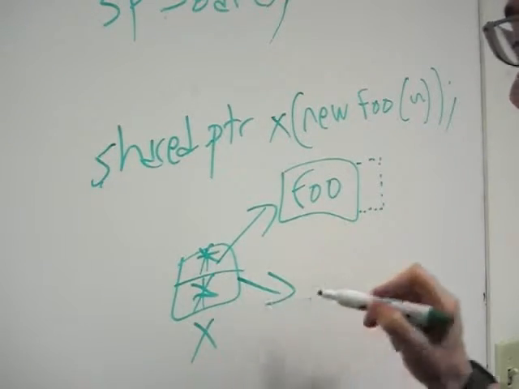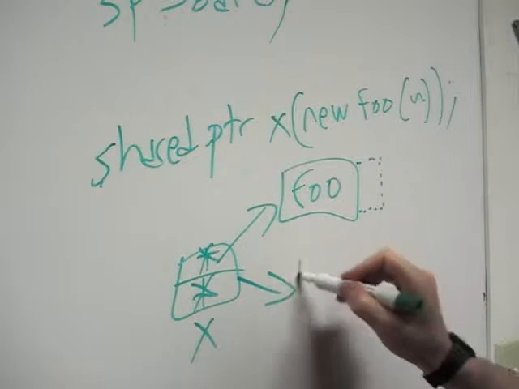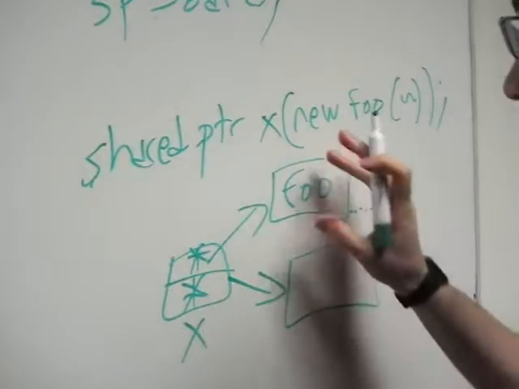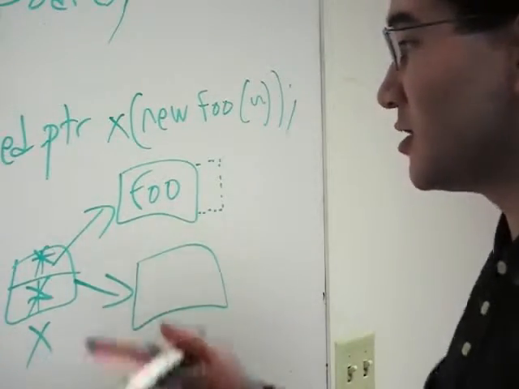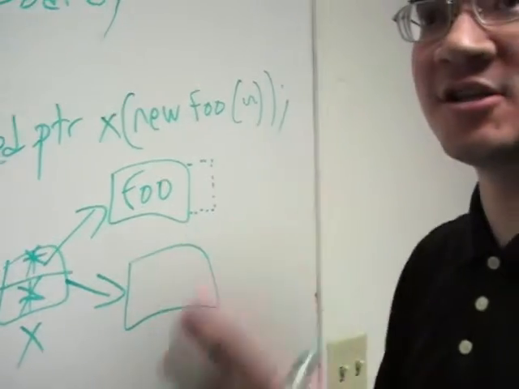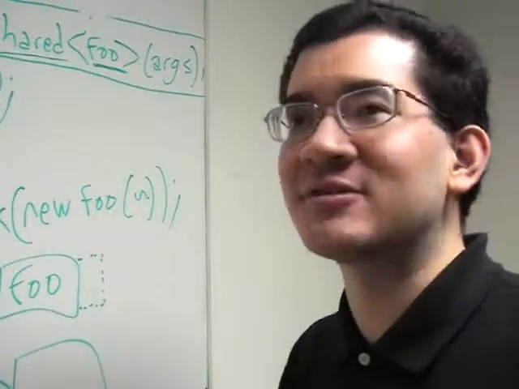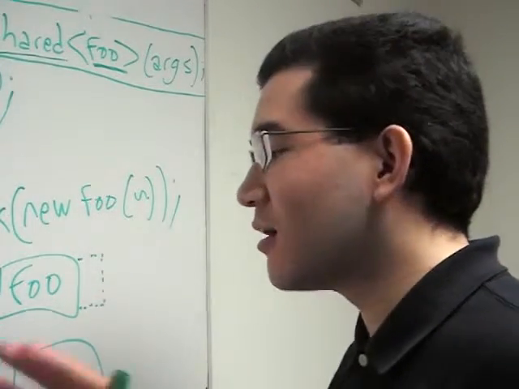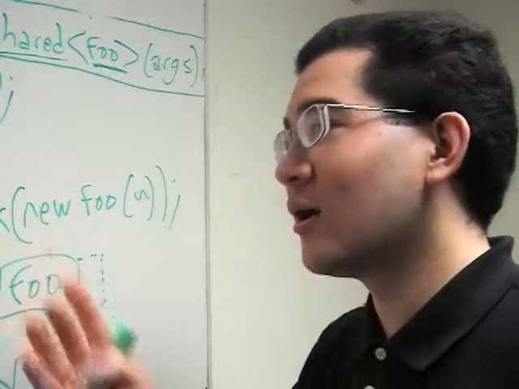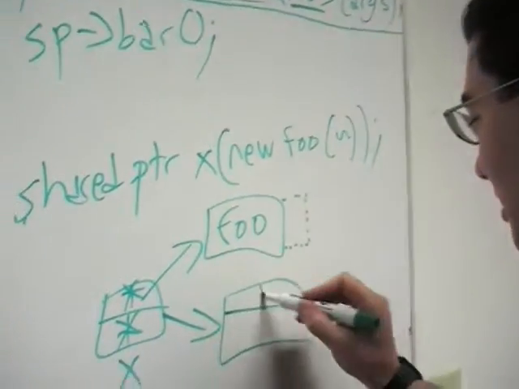And it also needs to store a reference count. Shared pointer is non-intrusive, so the reference count that it stores is not part of the object itself. This is great for usability because it means you can hold anything with a shared pointer without having to derive from some ref count or put a reference count inside it, like you do, say, with COM, which has intrusive reference counting. With shared pointer, the shared pointer will construct a reference count control block for you. So this contains a bunch of things.